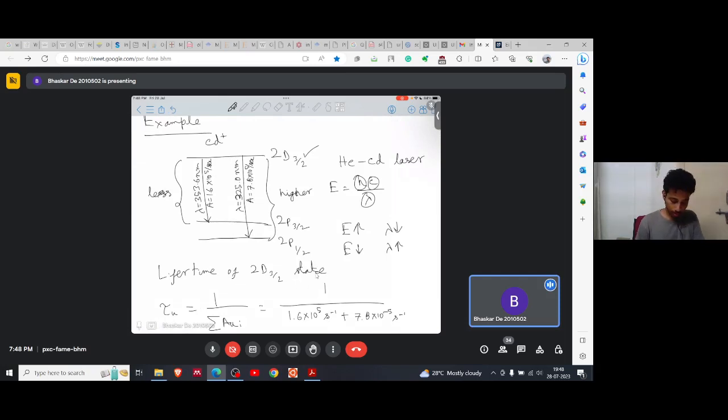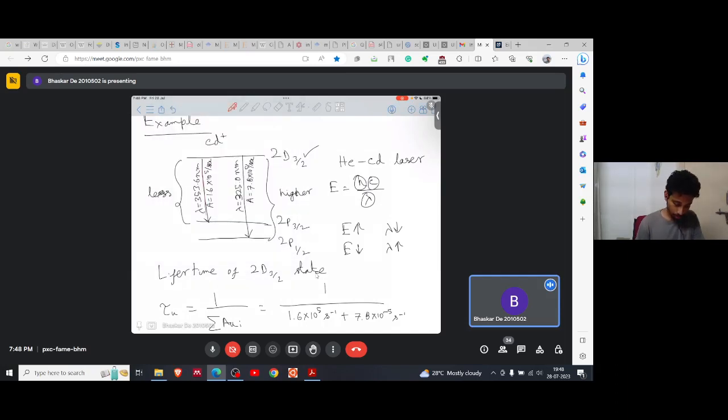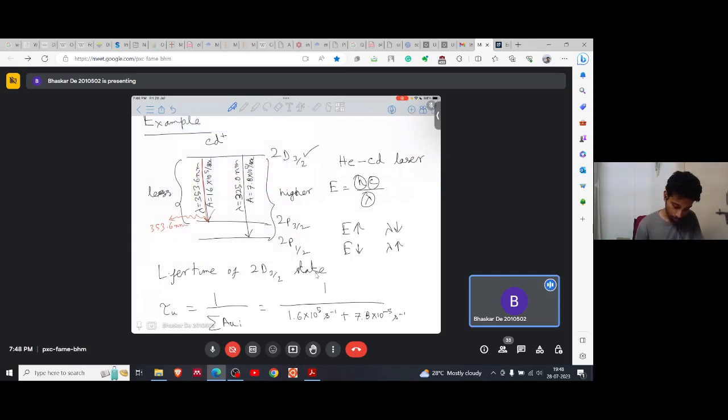When this transition is happening, we are getting a light of lambda 353.6 nanometer. Again, when this particular transition is happening, we are getting a lambda of 325 nanometer.